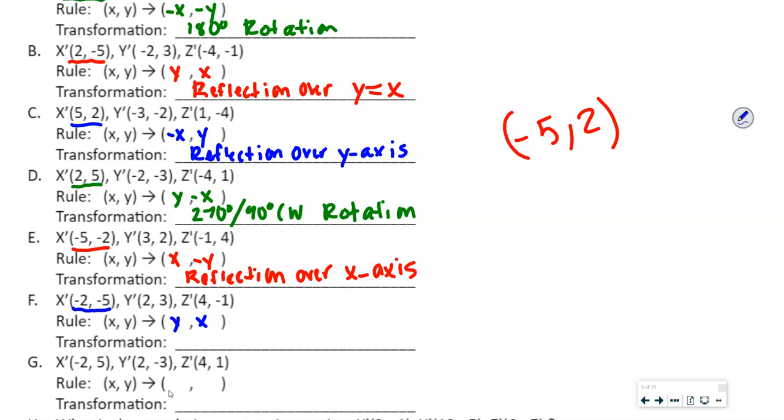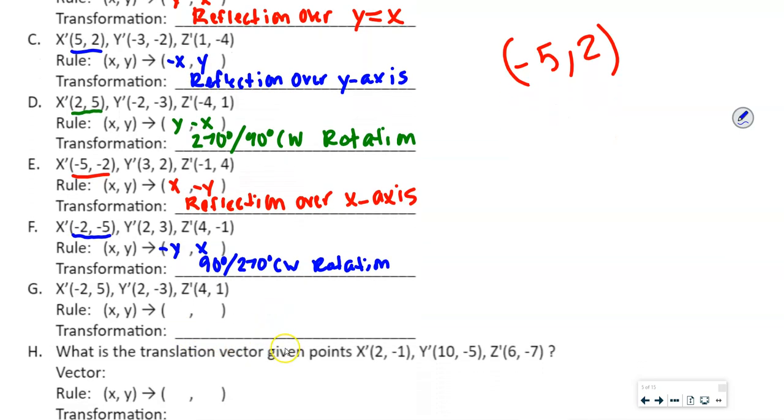But the 2 became negative, didn't it? So it was our y, and now that's negative. So for F, this is -y, x, and that's a 90-degree or 270-degree clockwise rotation, right?